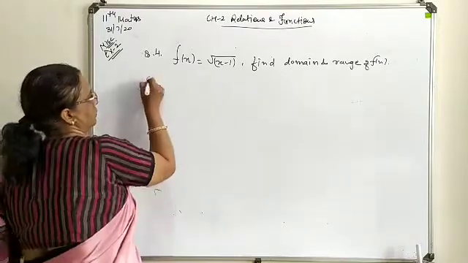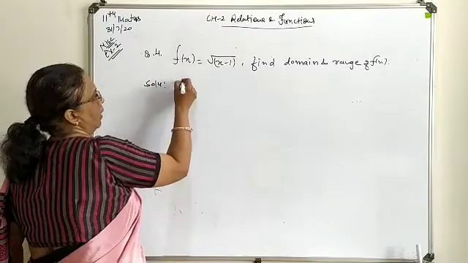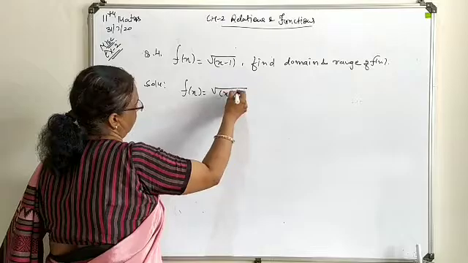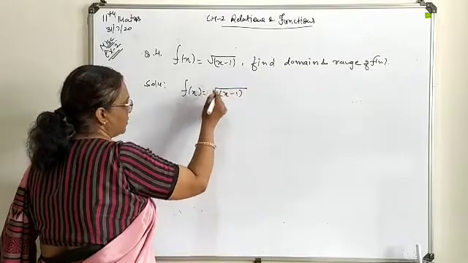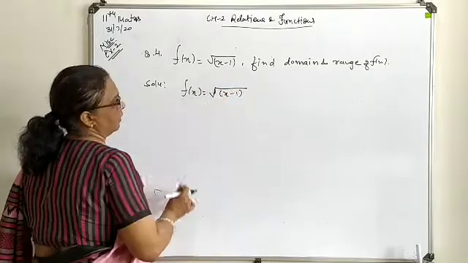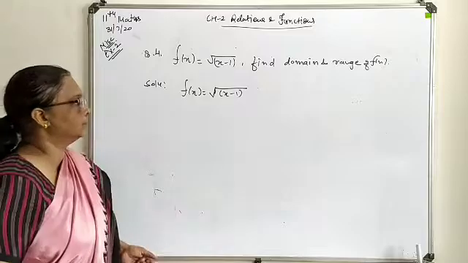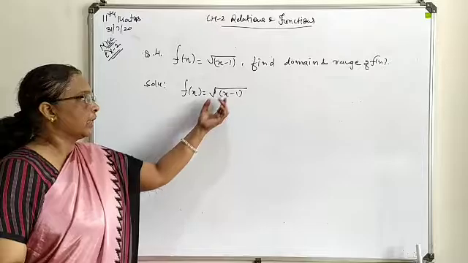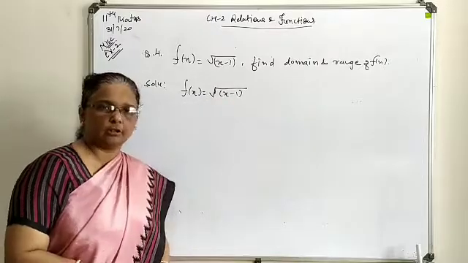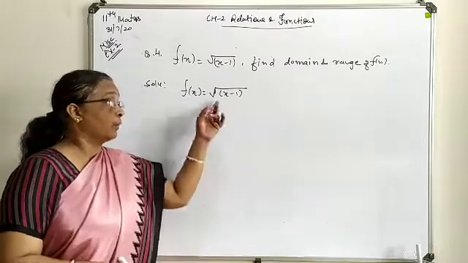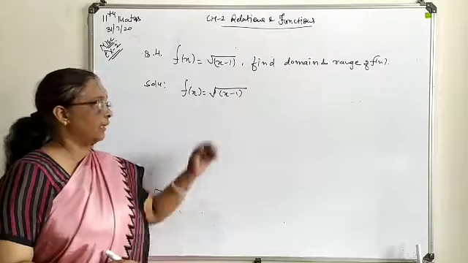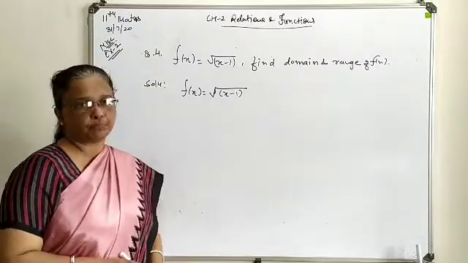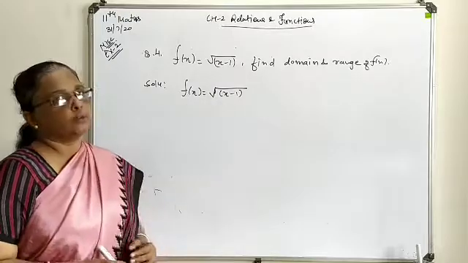So here your f(x) is in square root form. In the last exercise also we discussed one question regarding the square root, in which we selected the value of x such that it gives only either a 0 solution or a positive solution. Here x minus 1 should come out either as 0 or as a positive answer.